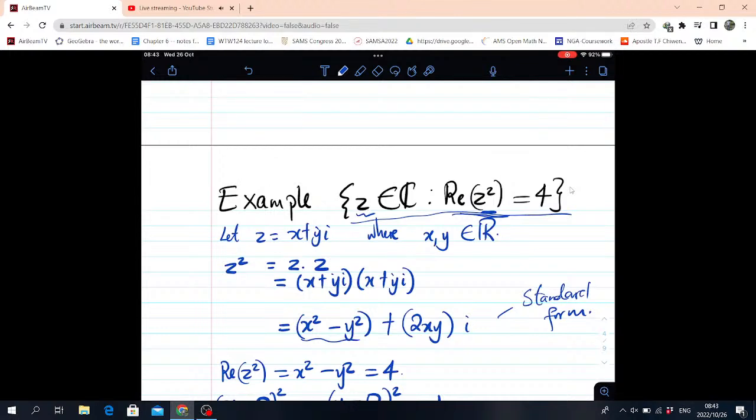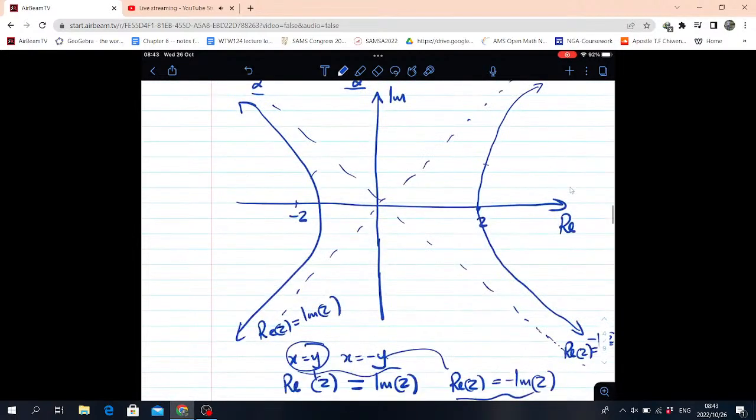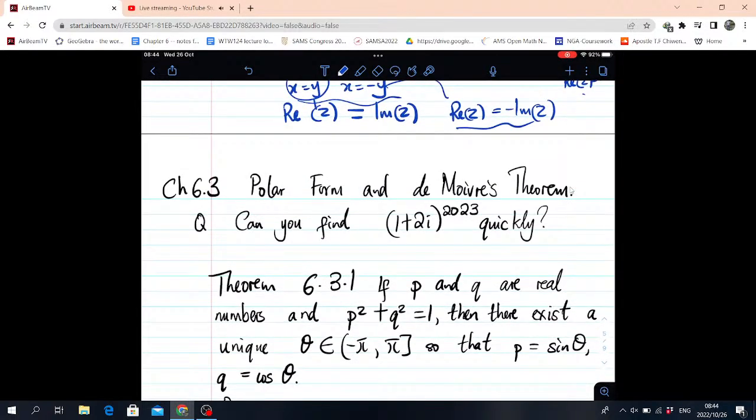Otherwise, we are going to section 6.4, and we are going to look at the polar form and De Moivre's theorem. The motivation behind polar form, which we haven't defined, but we are going to define as we go, is this type of question.